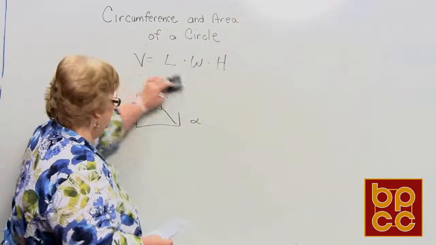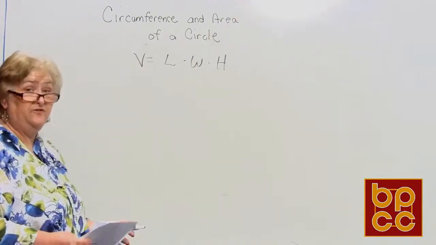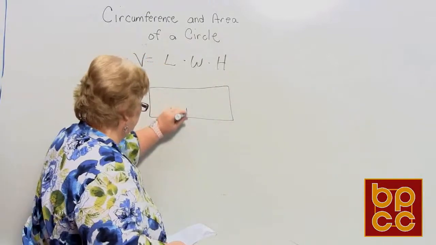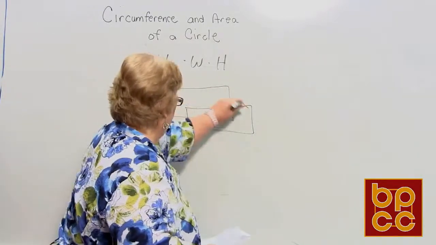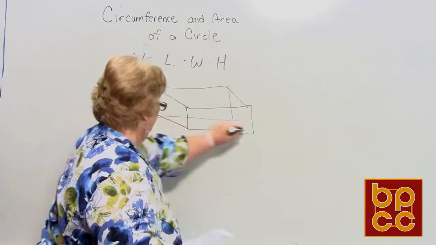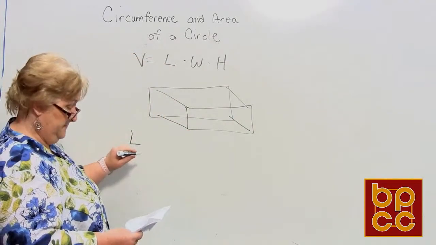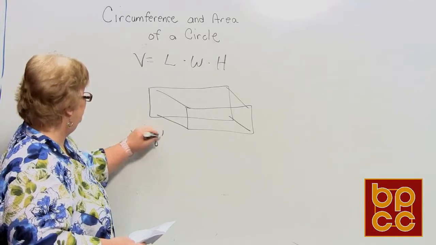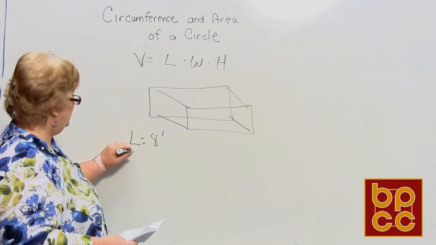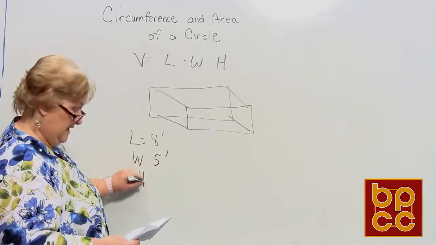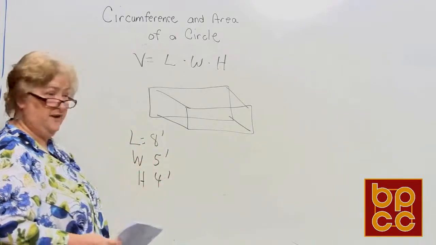Okay? Now let's try a rectangular one. It's still going to be length times width times height, but we are going to have different numbers this time. So let me give you a rectangular prism. Okay, and I'm going to tell you that the length on this is 8 feet, and the width is 5 feet, and the height is 4 feet.